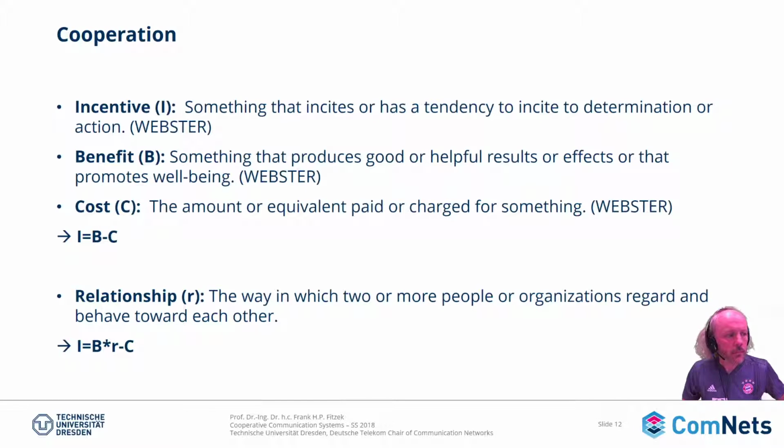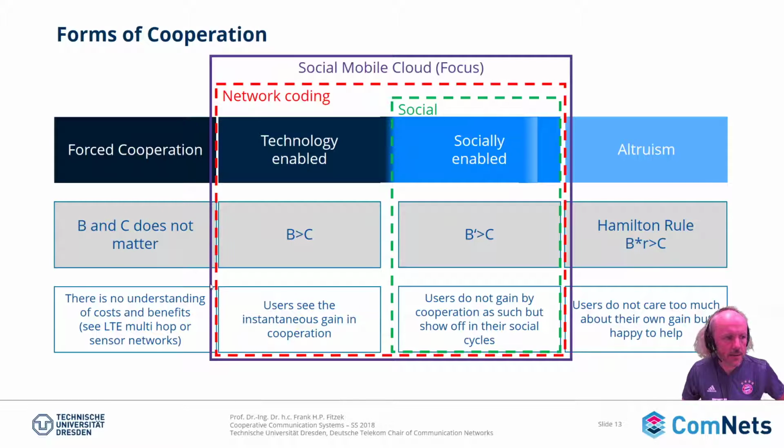So if you then look into the incentive, benefit, and cost again, we said the incentive is just the subtraction of benefit and cost. If we now bring in the relationship r, very simple, right? Then we say if there's a relative relationship between two devices, then you can boost up your benefit. And you know parents would do anything for their children, so this relationship r is nearly infinite in this case.